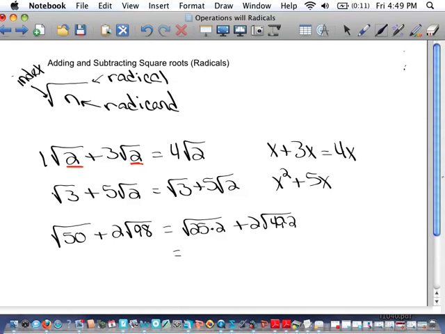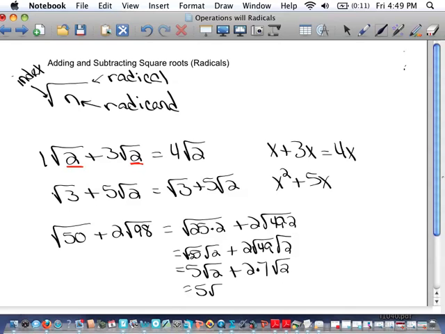I would then have the square root of 25 times the square root of 2 plus 2 times the square root of 49 times the square root of 2. 5 root 2 plus 2 times, now that's multiplication, 7 root 2. That gives me 14. So I would have 5 root 2 plus 14 root 2, which would give me 19 square root of 2.